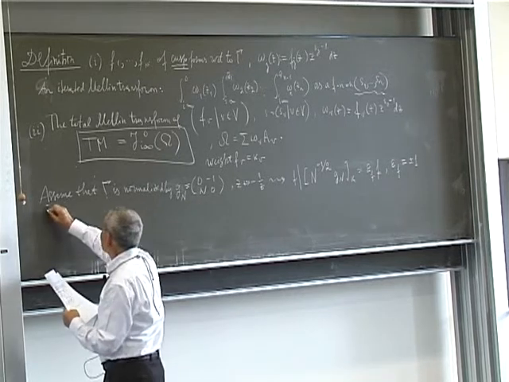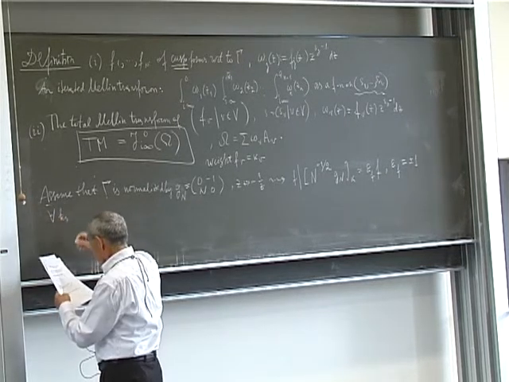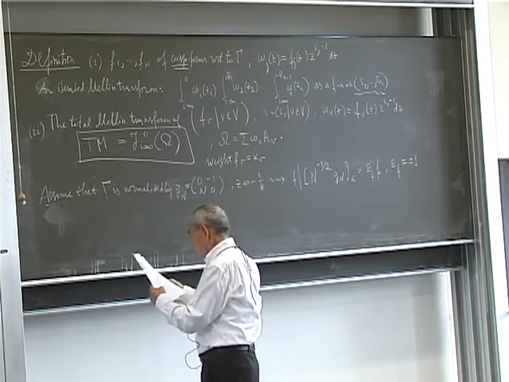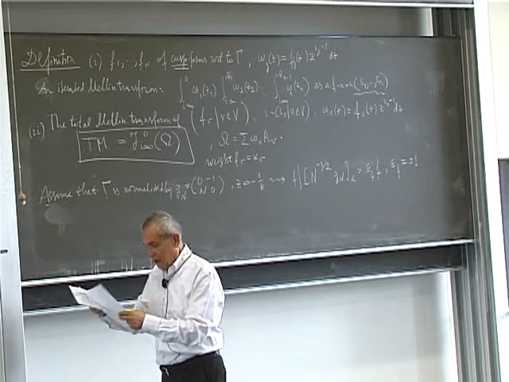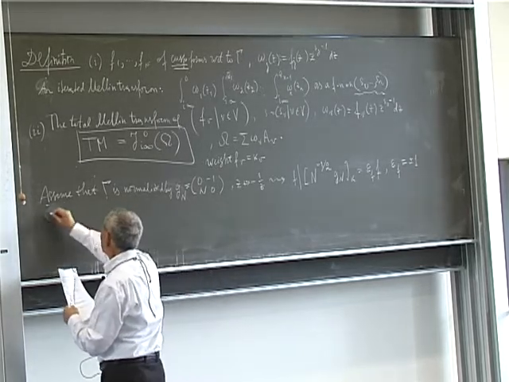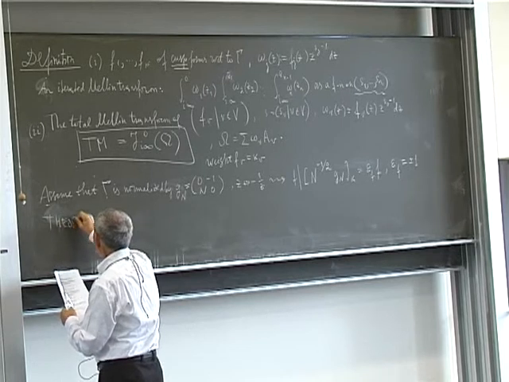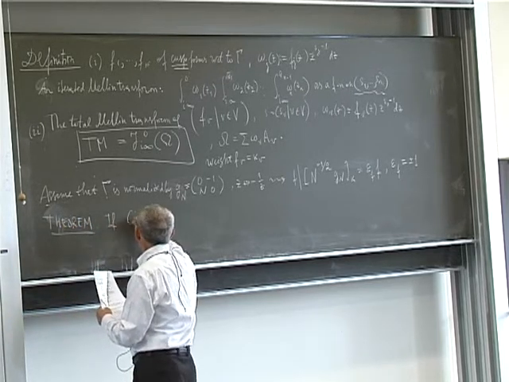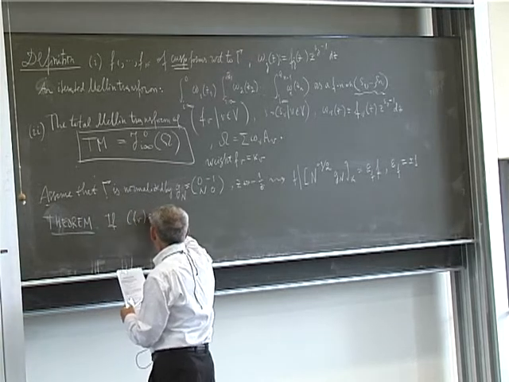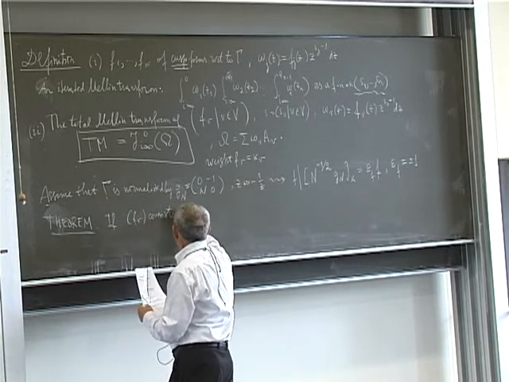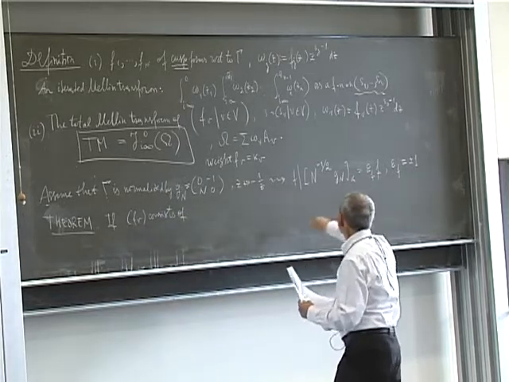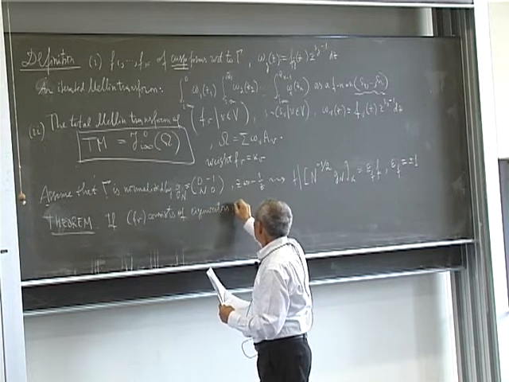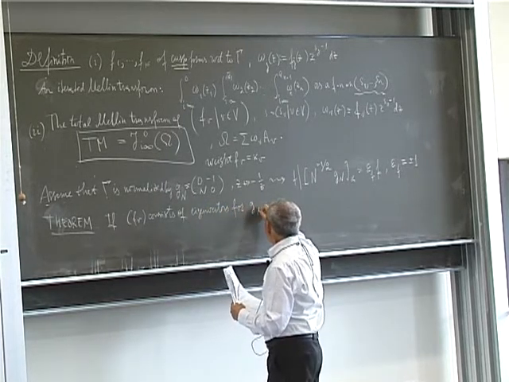So now I will assume that gamma is common for all of them, okay? And then, theorem. So if f_v consists of such eigenvectors for G_n.